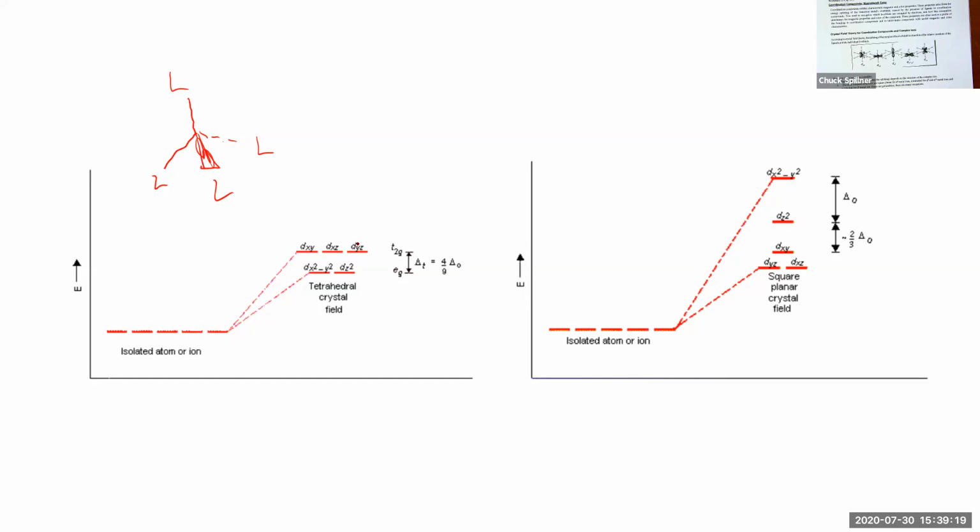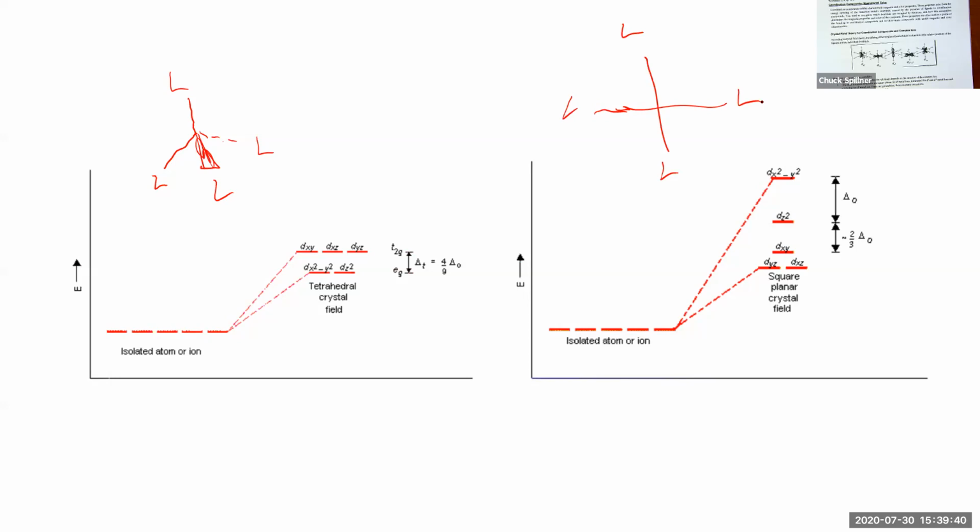For coordination number 4, there are 2 shapes, the tetrahedral and the square planar. And we can say the square planar is just like this. You can imagine in the case of square planar, the ligands are lying right along the x and the y axis.